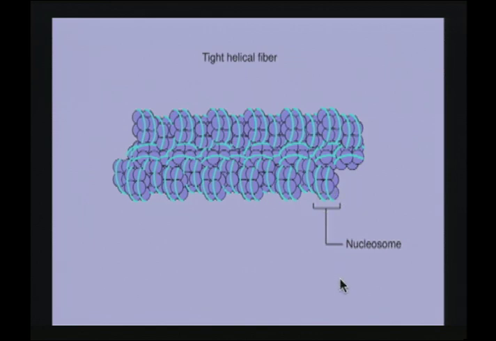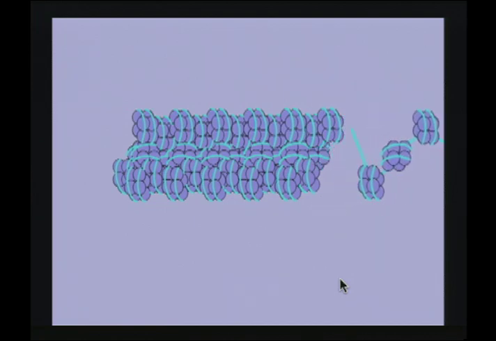When it's really compact like that, transcription cannot occur because RNA polymerase can't get access to the promoter region of the DNA. It physically cannot get in there because RNA polymerase, along with the other proteins necessary here, are pretty large.